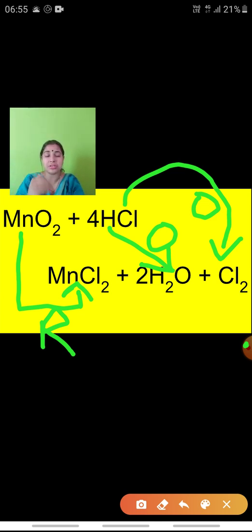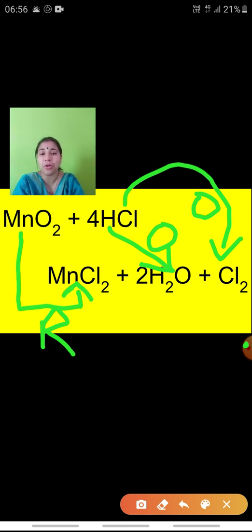Oxidation. Addition of oxygen or giving of hydrogen is oxidation. Now for HCl, in conversion of Cl to Cl2, removal of hydrogen is taking place, and in conversion of H to H2O, addition of oxygen is taking place. So both are oxidation reactions.